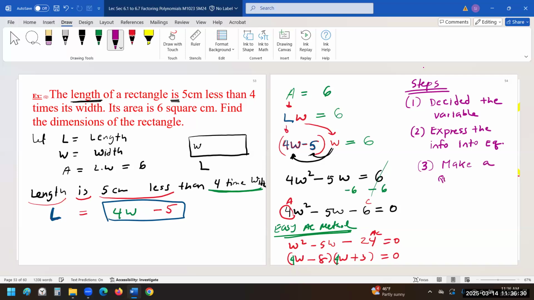Make a quadratic equation by combining the little info they give us. For example, they gave us length, what is length? And they gave us what is area. So we connected our length and width into the area so that we have a quadratic equation.